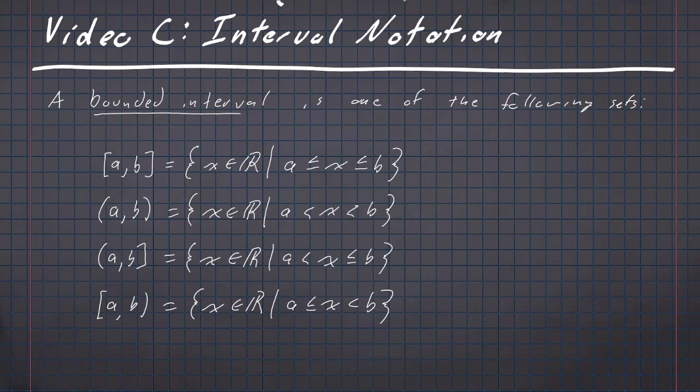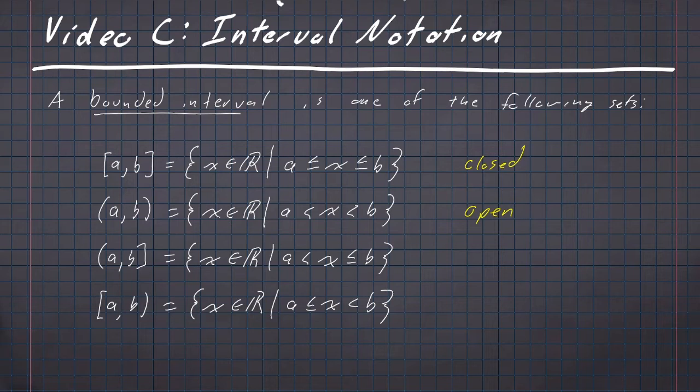And just to have it as reference, that first structure is what's called a closed interval. The second one is called an open interval. Open and closed has to do with the characteristic of the endpoints.